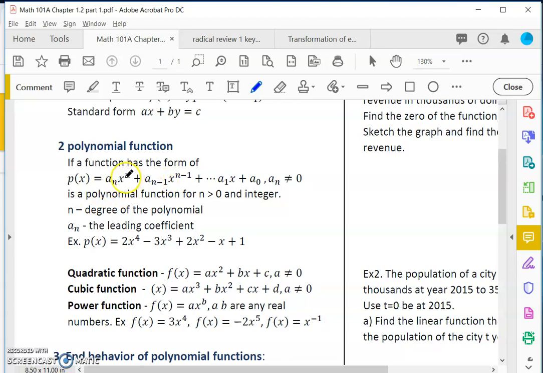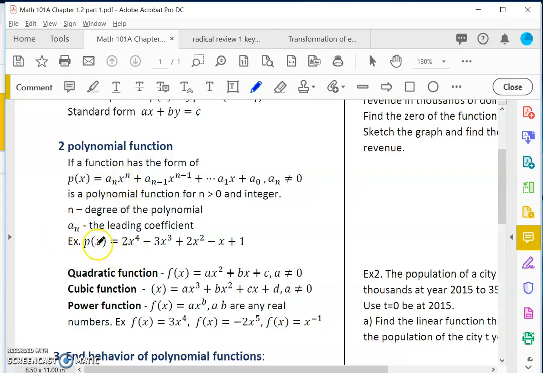The highest exponent of x is called the degree of the polynomial. And the term where we have the coefficient of the highest power of x is called the leading coefficient, and this term is called the leading term.